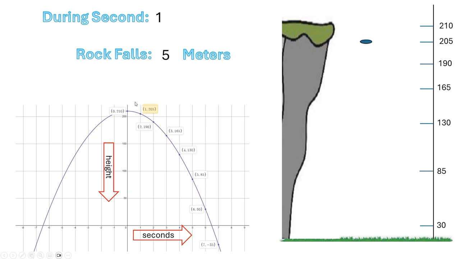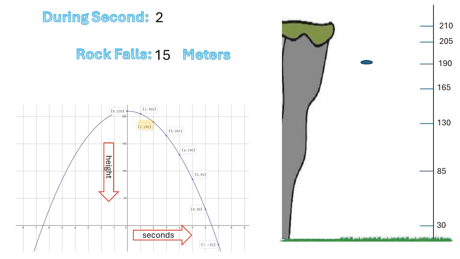After the next second, 1 second has passed, the rock has fallen 15 meters this time. So in the first second, the rock falls 5 meters.